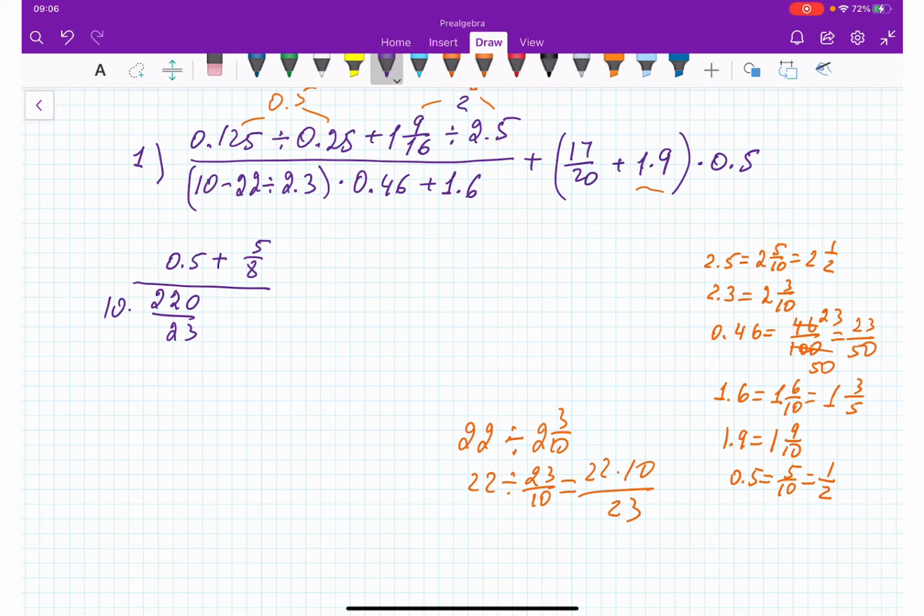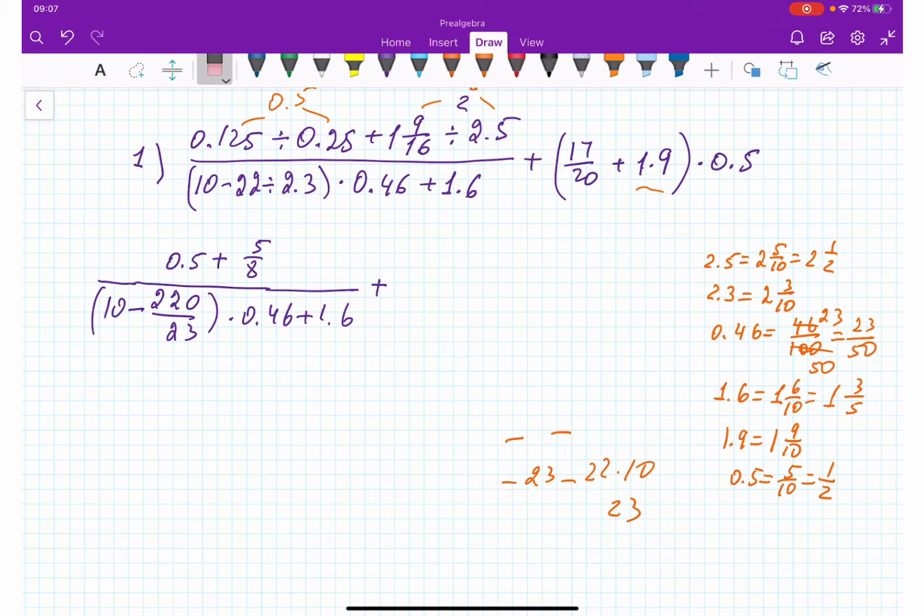Here we are getting 10 minus, and then times 0.46, plus 1.6, plus here I can add, let's say, 17 over 20 at 1.9.